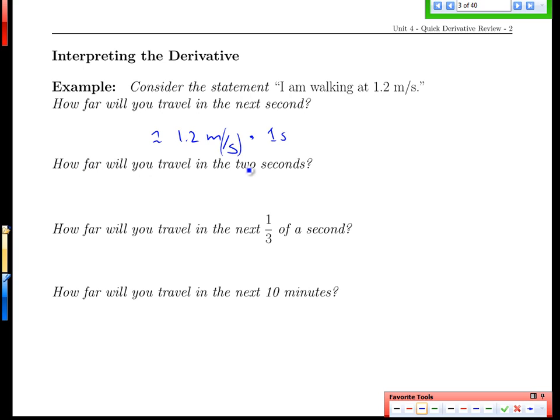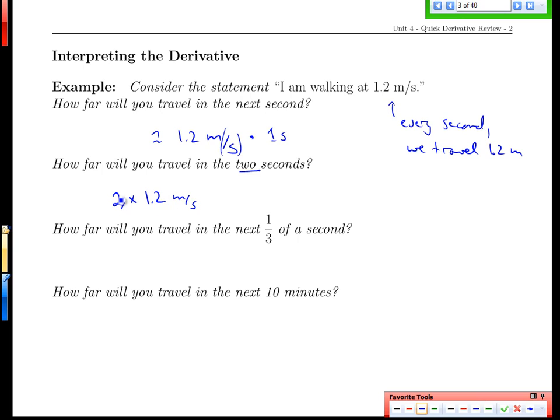Likewise, if we were asked how far do we expect to travel in the next 2 seconds, well, one way to think of this is every second we travel 1.2 meters, 1.2 meters for every second. And so if we travel for 2 seconds, we expect to travel 2 times that 1.2 meters per second.